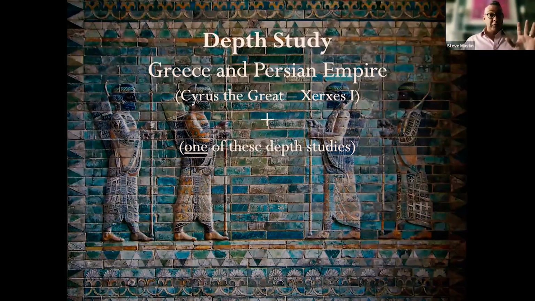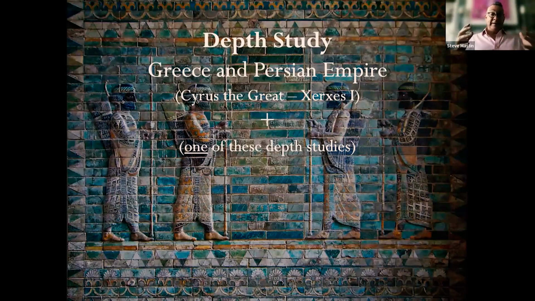So the first half, Greek and Persian, is really looking at how the Persians, in their desire to build this empire, then interacted with the Greeks, obviously wanting to conquer the Greek city-states and bring them into the Persian Empire.